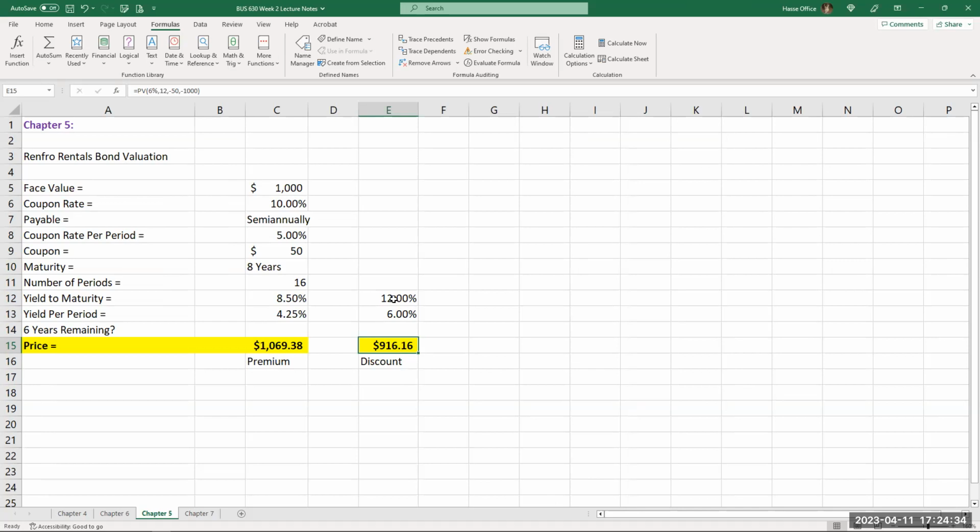This is a key concept in corporate finance about how interest rates affect the value of an asset. If interest rates go down, the value of this asset, in other words the bond, goes up. If interest rates go up, the value of this asset goes down. And that's what we're doing today in our economy.